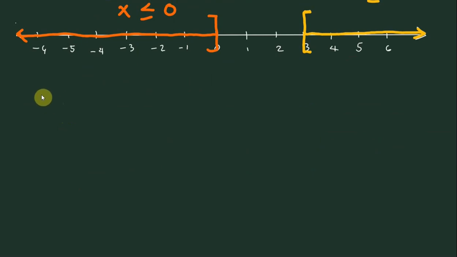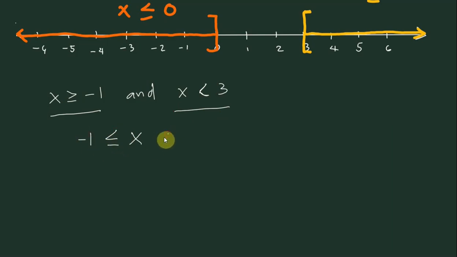Let's say, for example, we are given x is greater than or equal to negative 1 and x is lesser than 3. There are two inequalities here, and we have to satisfy both of these. We can also rewrite this by putting x in the middle: negative 1 is less than or equal to x, and x is lesser than 3. So this is the same as this.